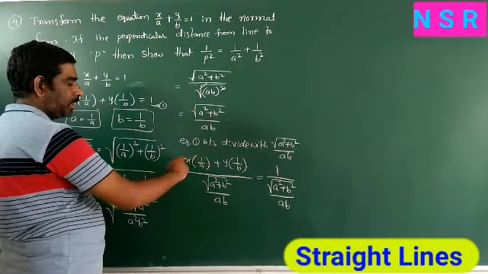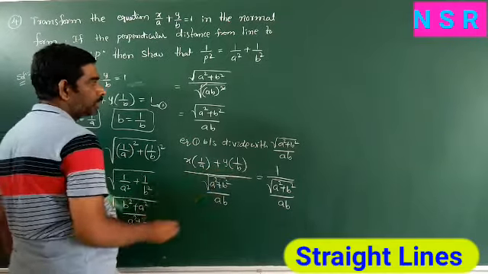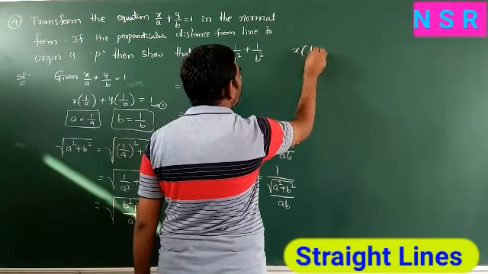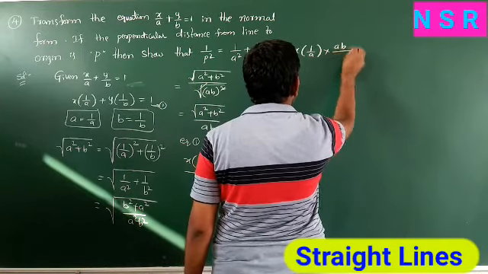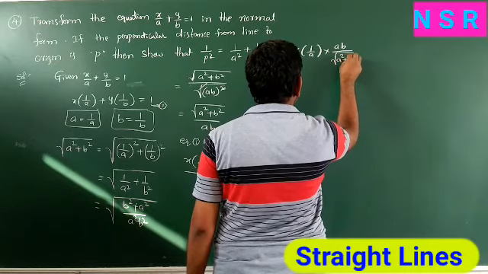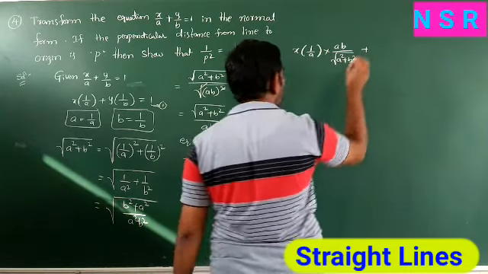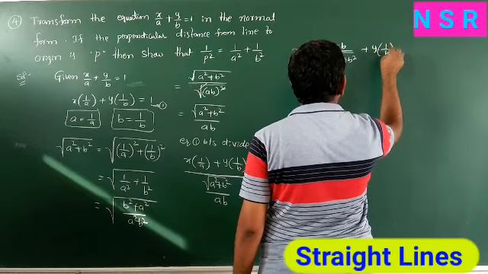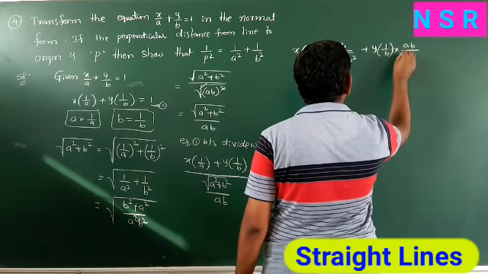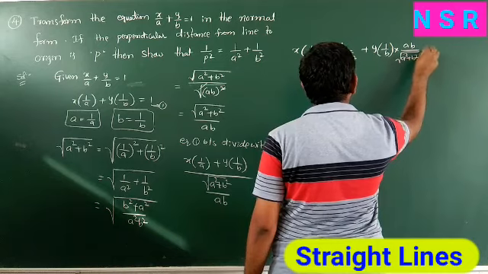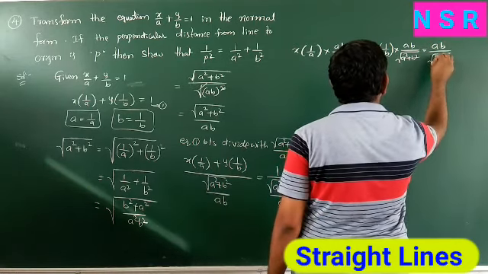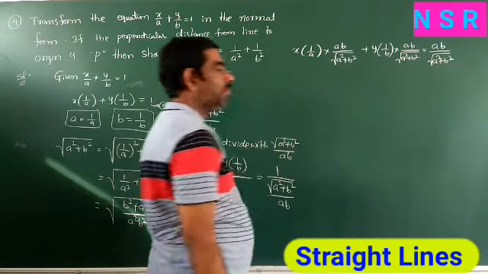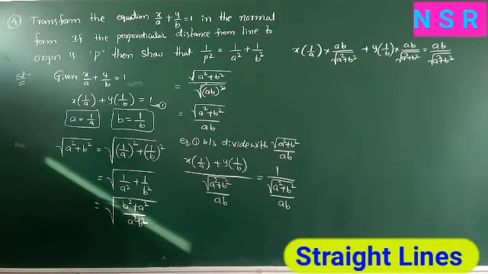Now reverse this value and apply it to both terms. Here we have two terms. So we get x into 1 by a into ab by root a square plus b square, plus the second term y into 1 by b into ab by square root of a square plus b square, equal to, reversing it, ab by root a square plus b square.